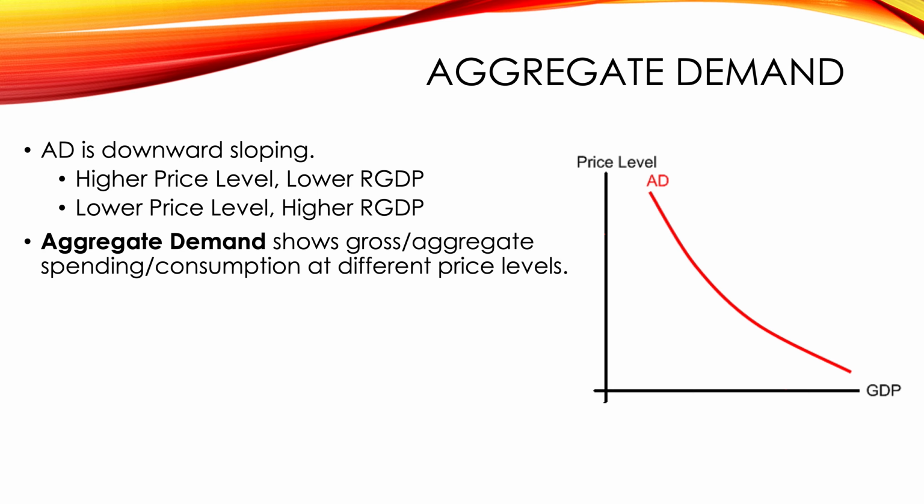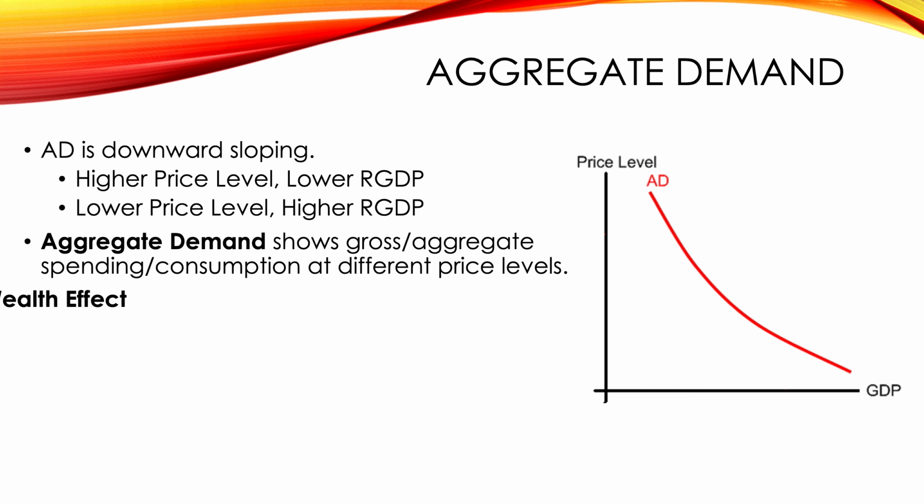So when we look at aggregate demand, just think that spending, consumption, is related to the price level. If the price level is high, spending and consumption will be lower. If the price level is low, spending and consumption will be high, because GDP is a measure of the total gross aggregate spending in an economy.